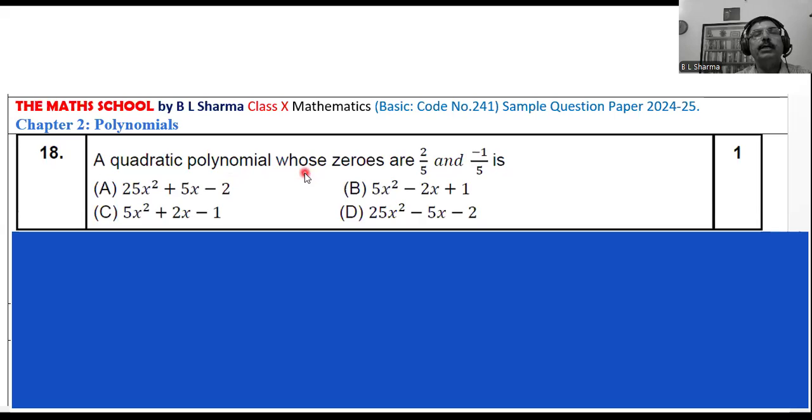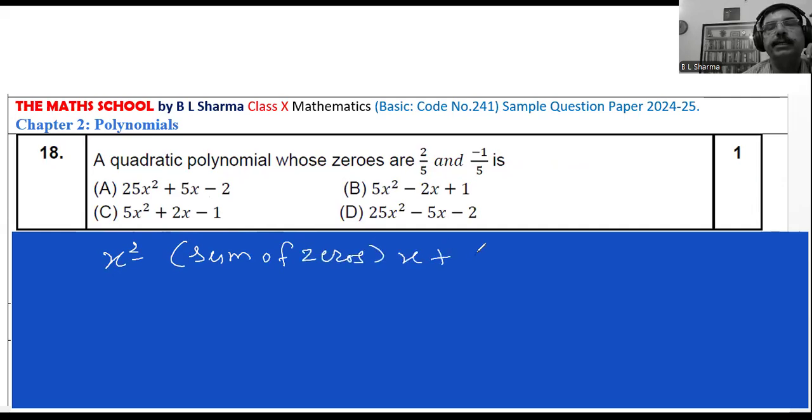A quadratic polynomial whose zeros are 2 by 5 and minus 1 by 5 is. देखिए क्वाड्रेटिक पॉलिनोमियल का क्या फॉर्मूला होता है. x square minus sum of zeros into x plus product of zeros.